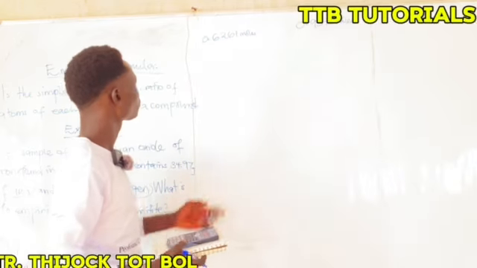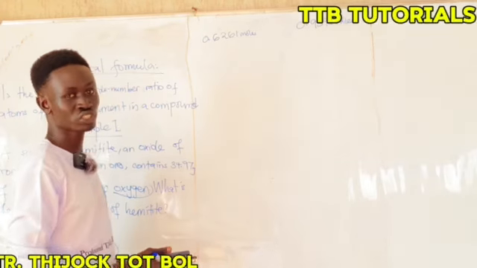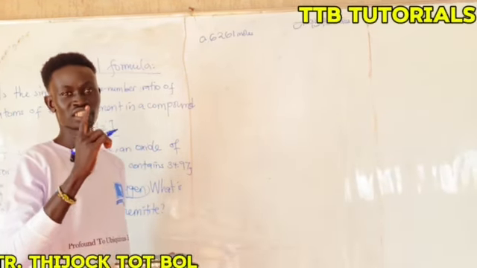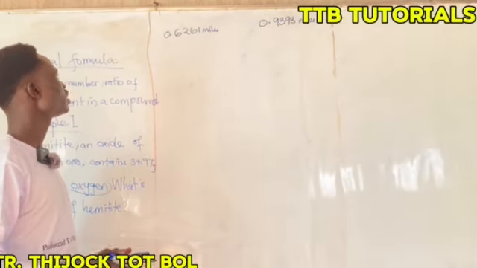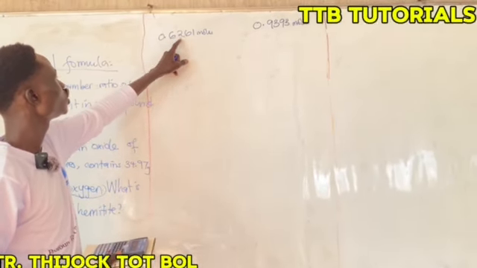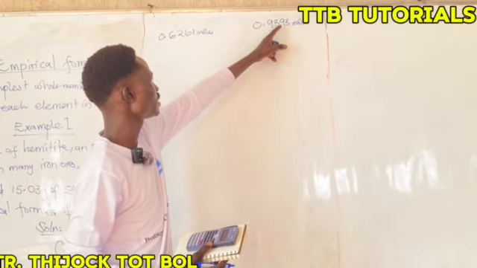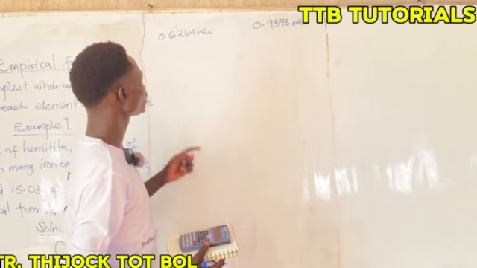So now, after getting this, you divide the moles by the smallest mole number. So now here between 0.6261 and 0.9393, which one is the smallest?